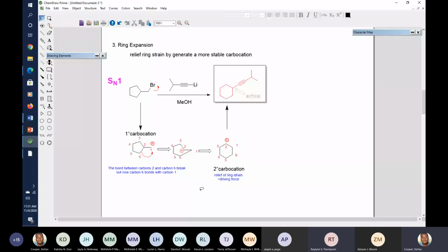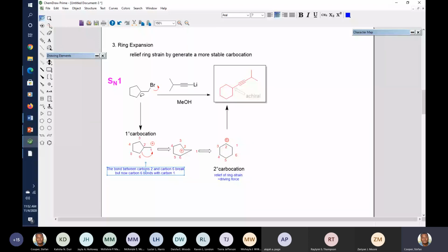I should have used a 4-member ring here. Sorry, that would have been probably a better example. But it's good that you saw this one. So any strained ring here will work. All right. So that means being next to a 4-member ring or being next to a 3-member ring will always pop open. If I'm next to a 6, will that pop open? No way, right?